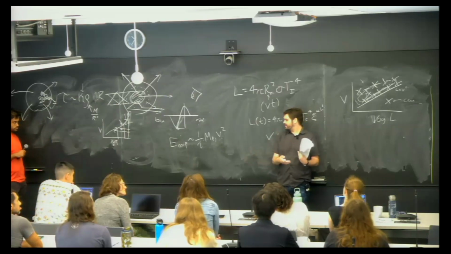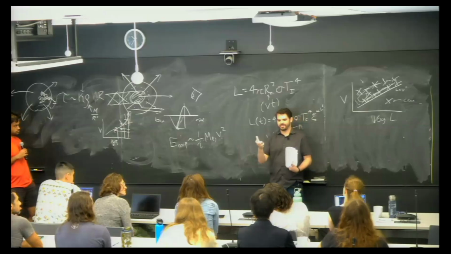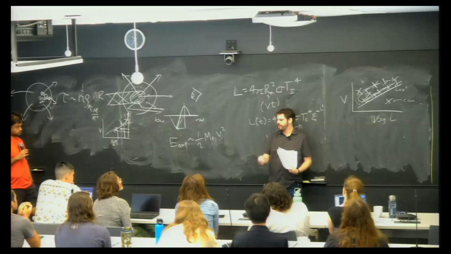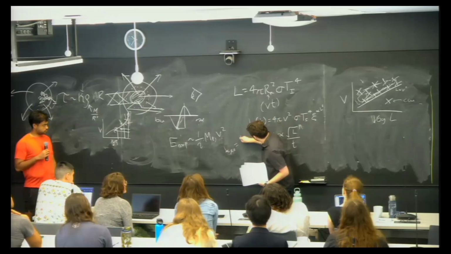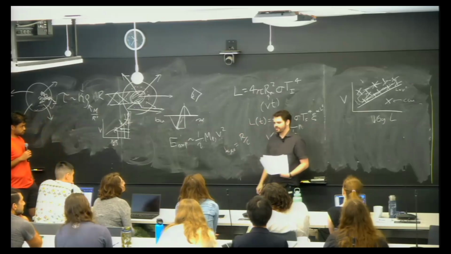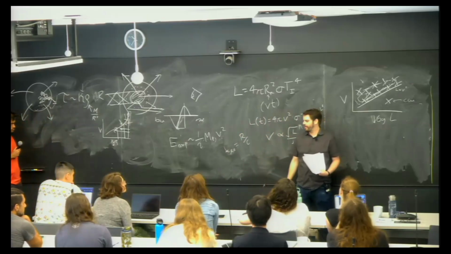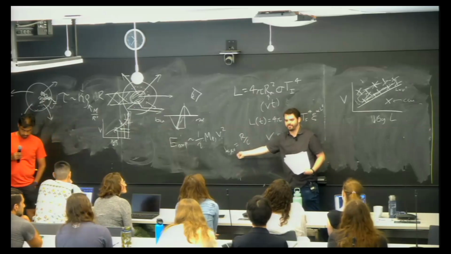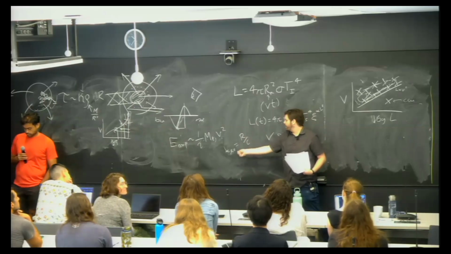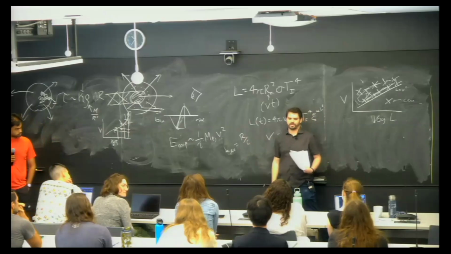What that means is if the light crossing time is the correct answer, then t_light crossing goes like R over c. If you measure the duration of your breakout pulse and you can identify that the light crossing time is the longest time scale in question, then you can get a direct constraint on the radius.